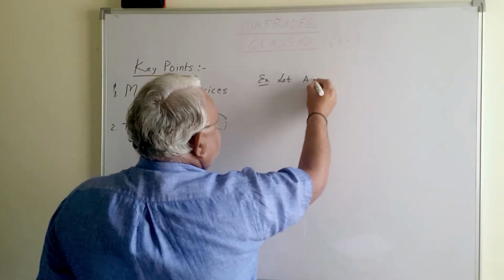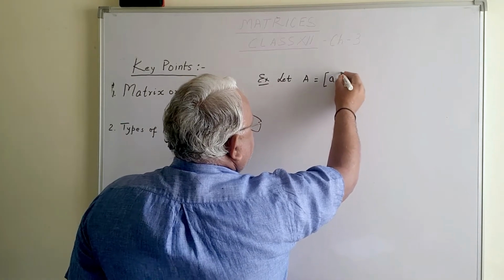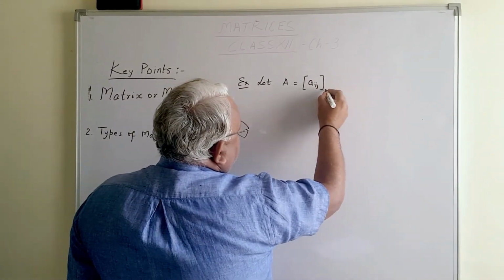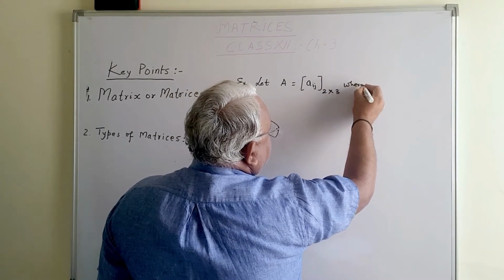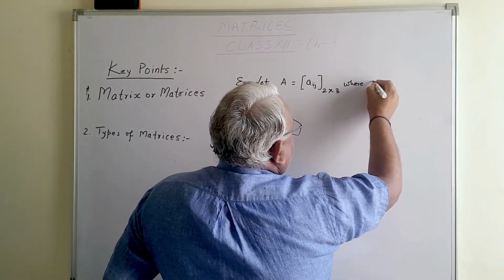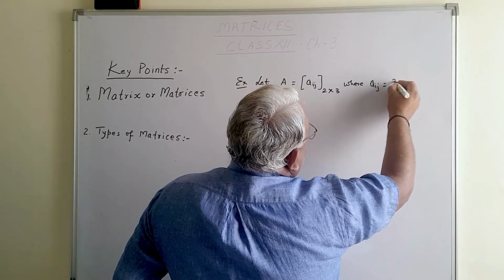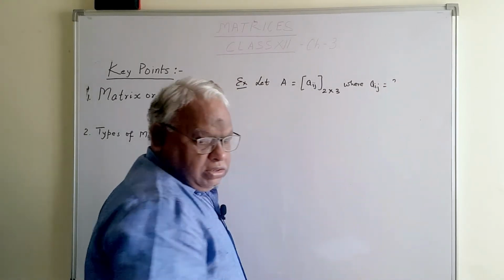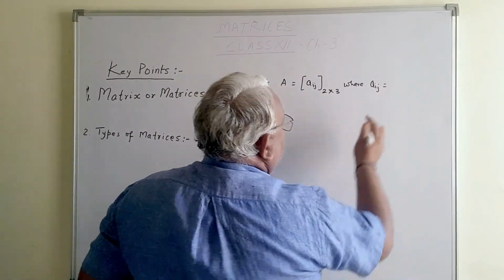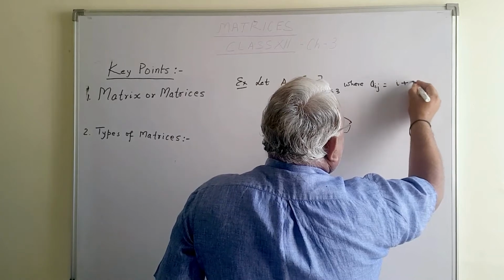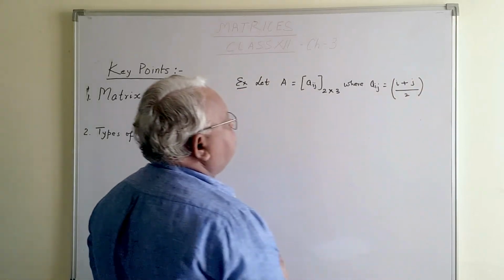A be a matrix which is written in the form of Aij, 2 cross 3, where Aij is equal to (i plus j) divided by 2.